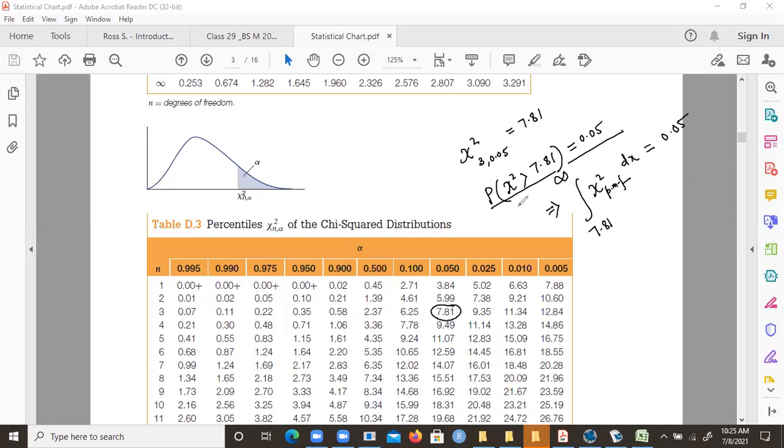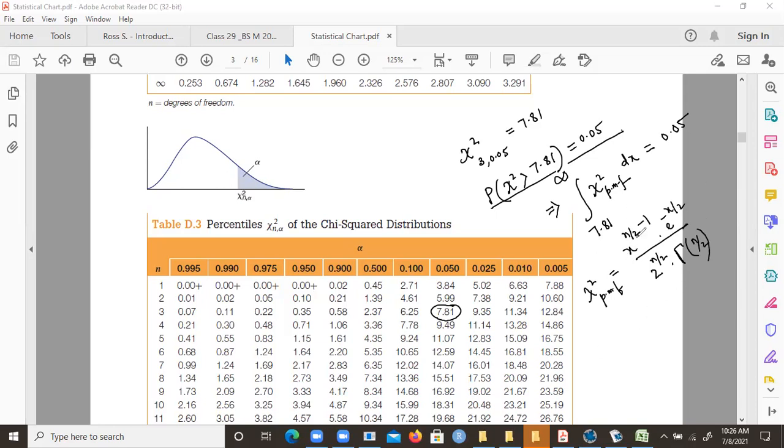You know the chi-square PMF, as I have just shown you, is a little bit of a complicated function. It is x to the power n by 2 minus 1 into e to the power minus x by 2, divided by 2 to the power n by 2 into the gamma function of n by 2, isn't it?